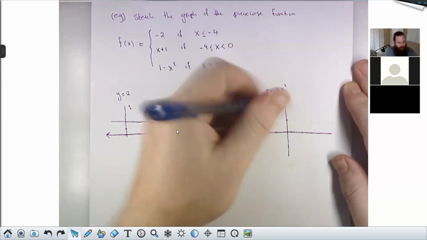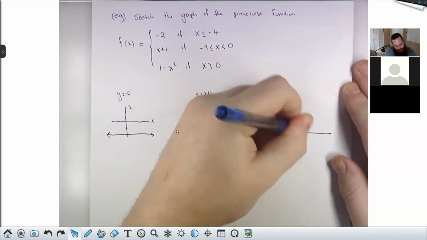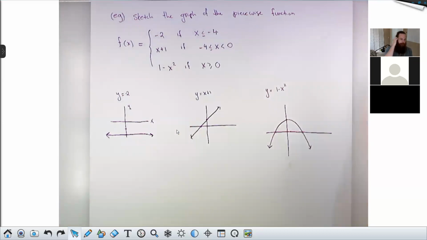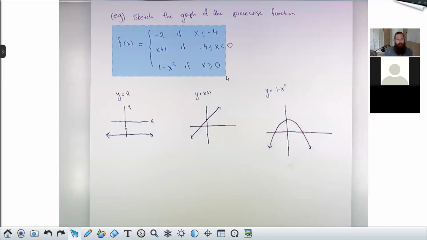Having x-intercepts, plus and minus 1. So he looks something like this. So these are my 3 pieces that we're going to chop up and glue together to make the graph of this function.